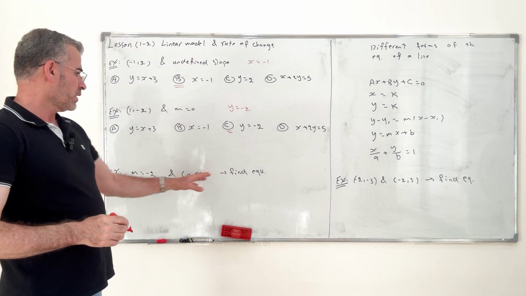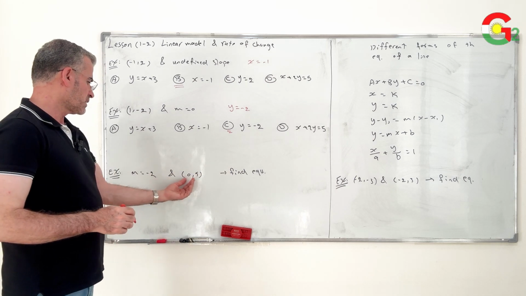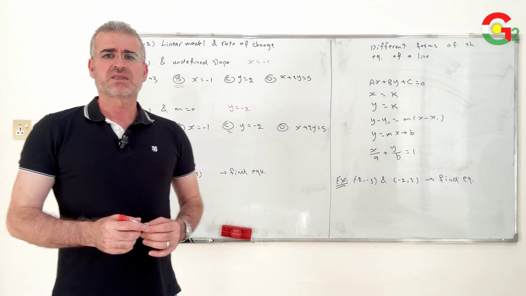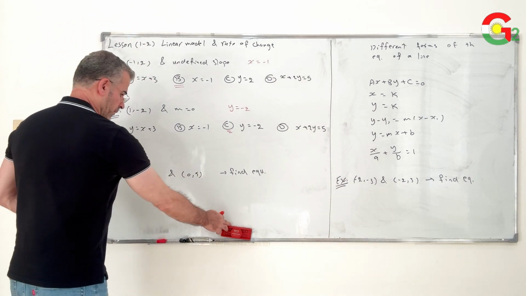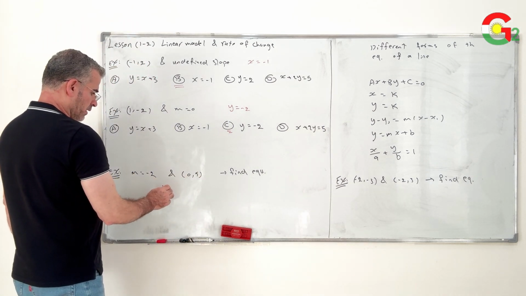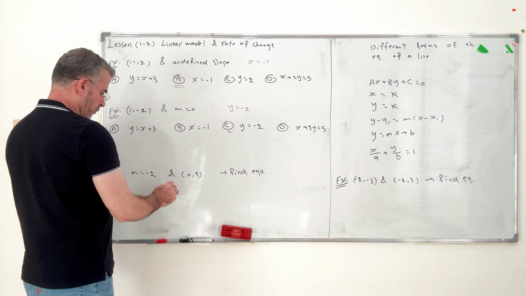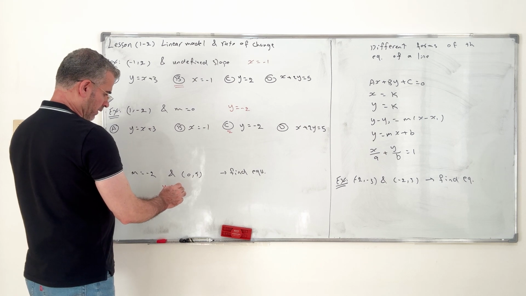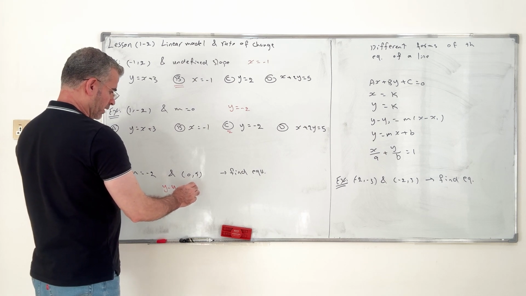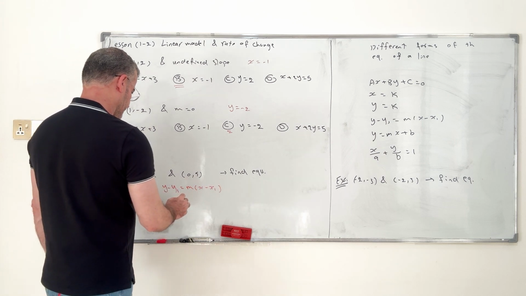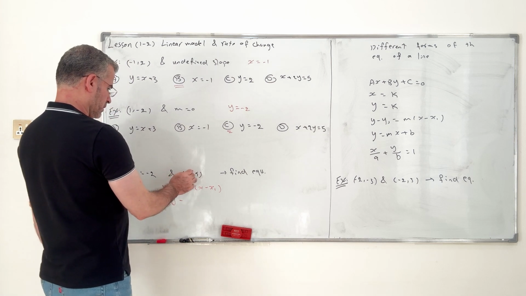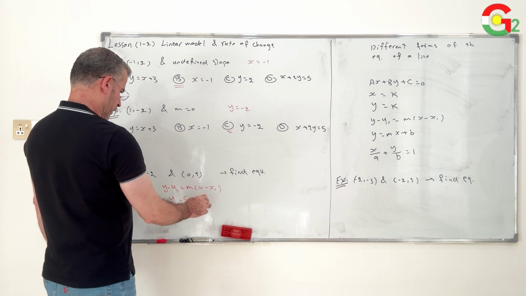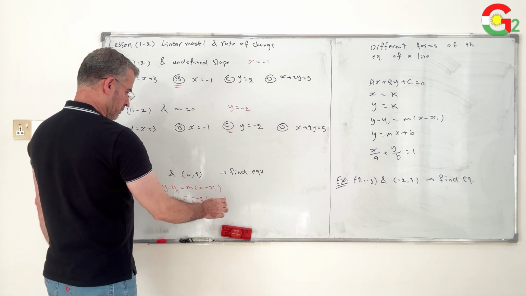Example: find the equation of the line passing through the point (0, 5) and has slope m equals -2. Use the point-slope form of the equation of a line. y minus y1 equals m times (x minus x1). y minus 5 equals slope -2 times (x minus 0).